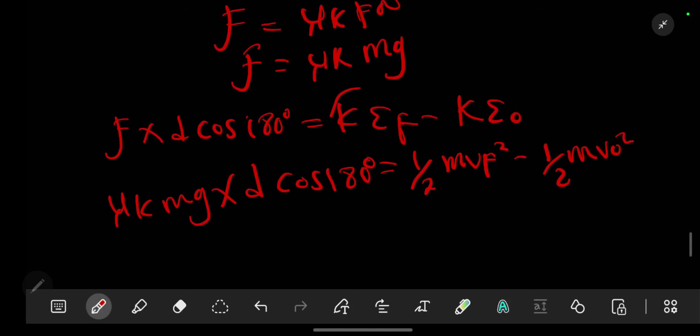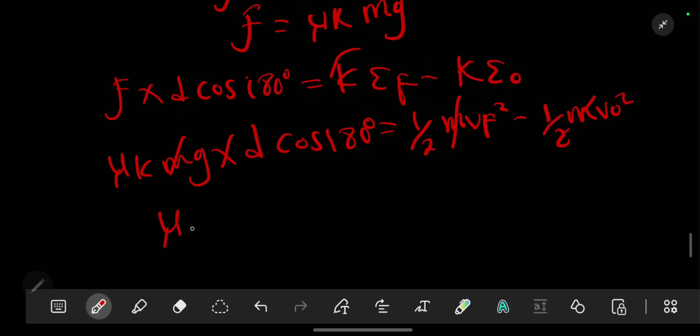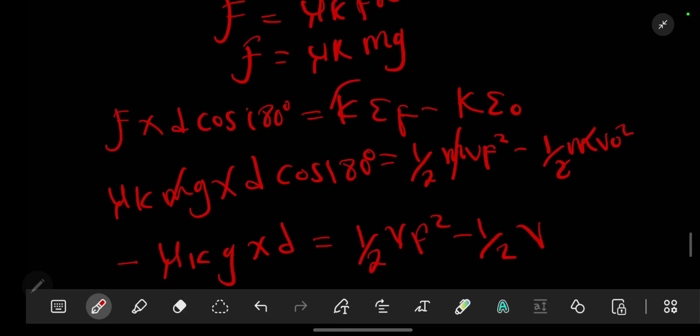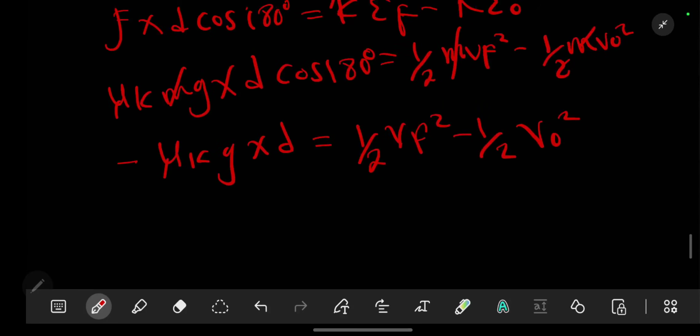So m is common and you can cancel it throughout, so that you have mu k g times d times cosine 180, which is negative 1, so we can throw the negative here. D should be equal to half v final squared minus half v initial squared.